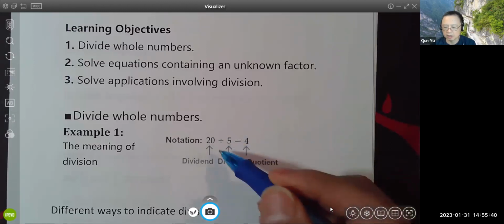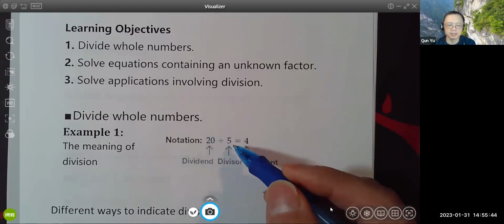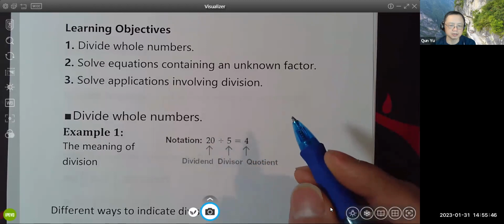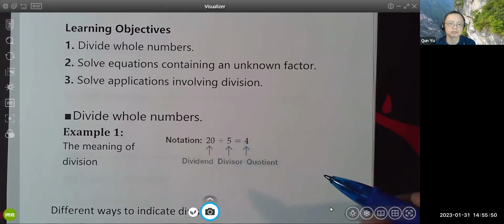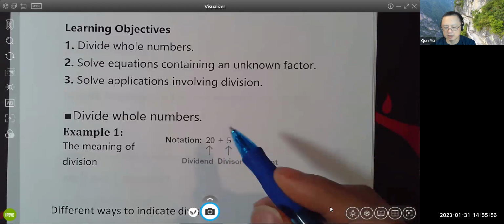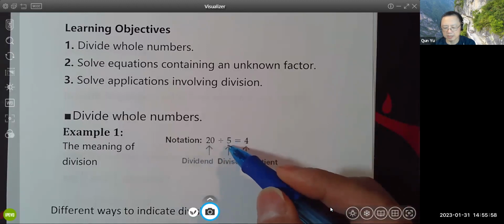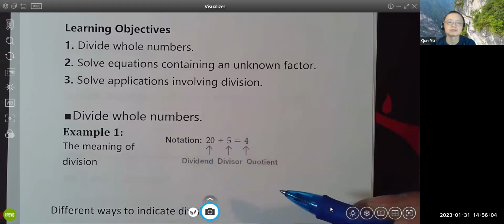For example, if we split $20 among 5 people evenly, how many dollars does each person get? Each person will get $4. So that's the first meaning of division. The second meaning is that division shows you how many of the second number are in the first number.